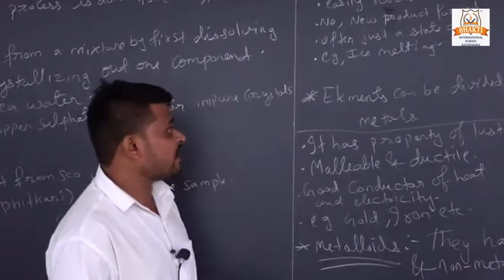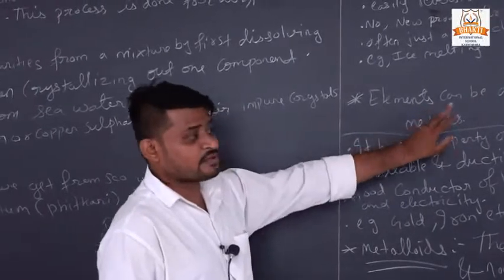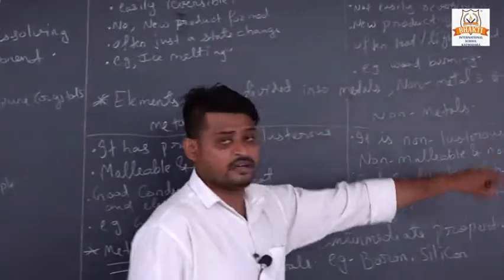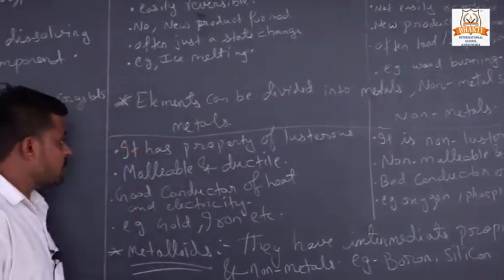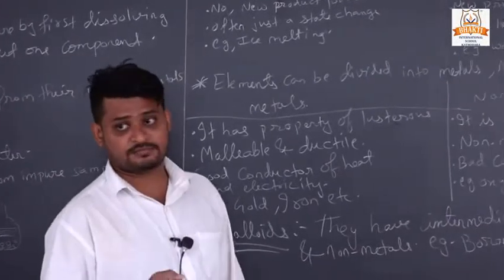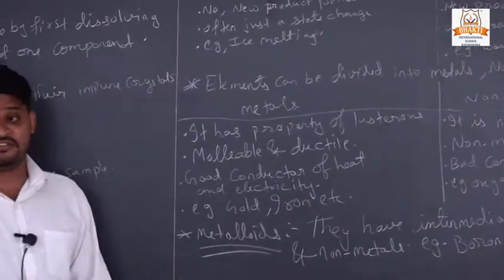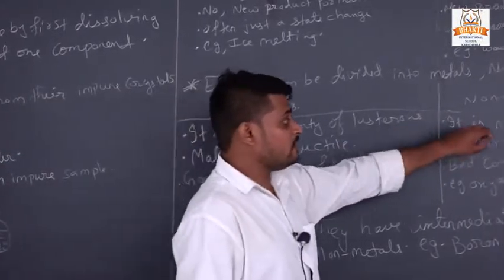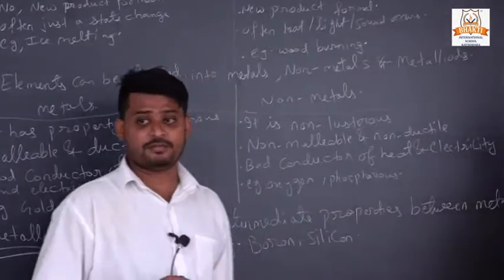Elements are classified into three categories: metal, non-metal and metalloids. What is a metal? A metal has lustrous property, meaning the surface of the metal is always shining, but a non-metal does not have lustrous property.